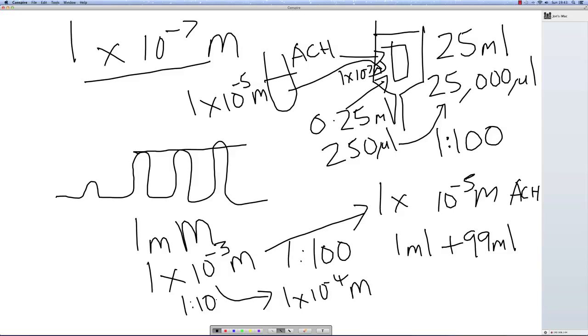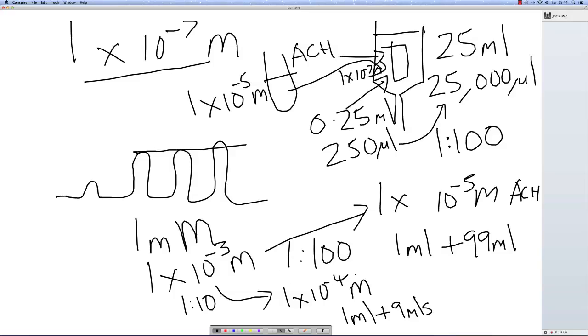It's a 1 in 10. And so how do you get the 1 in 10 dilution? Well, that's a bit more realistic. It's going to be 1 mil of your stock at 1 times 10 to the minus 3 plus 9 mils of your buffer. And that will give you 1 times 10 to the minus 4.